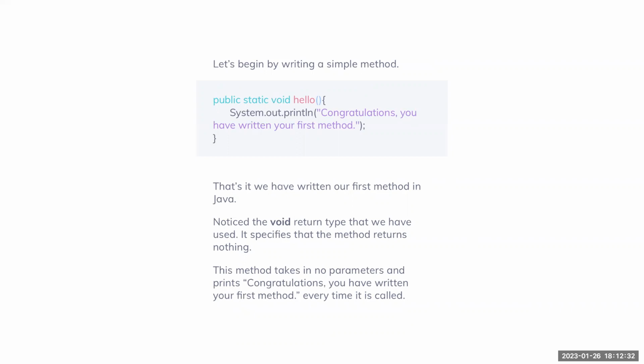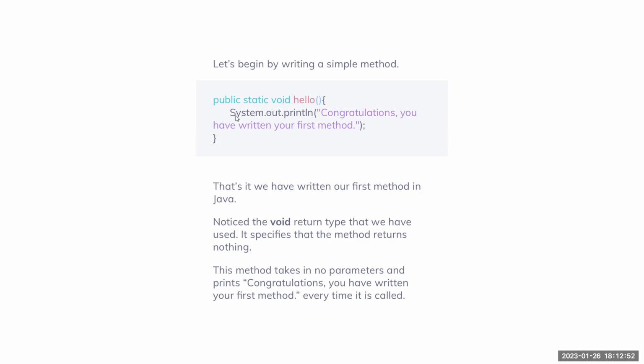If you see here, public static void hello, you see a different one: void. Void is used if this method is not returning anything to the caller.